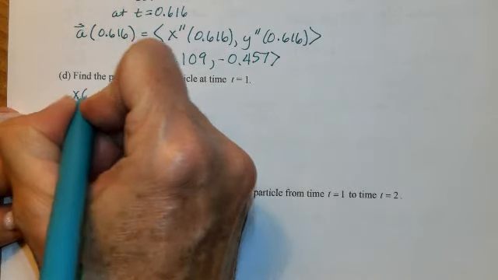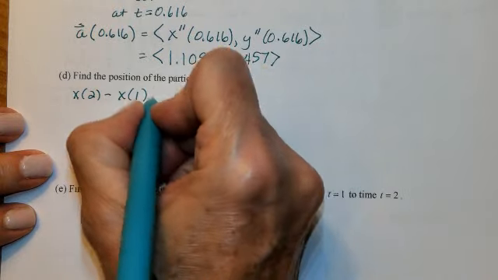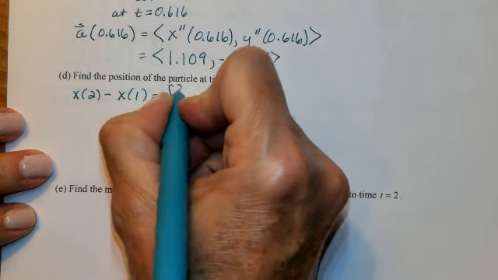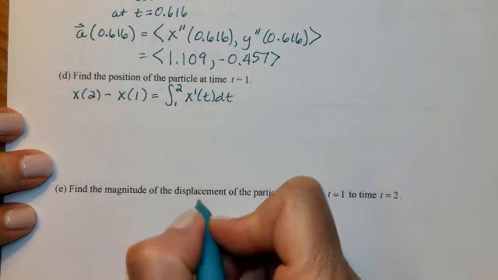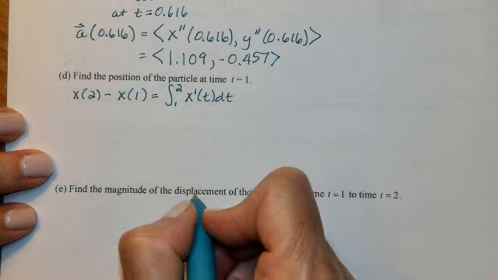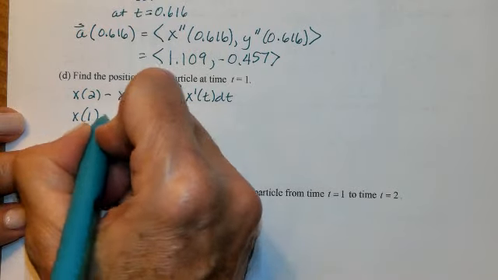So x at time 2 minus x at time 1 is equal to the integral from 1 to 2 of x prime. Okay? So we're looking for x at time 1, right?